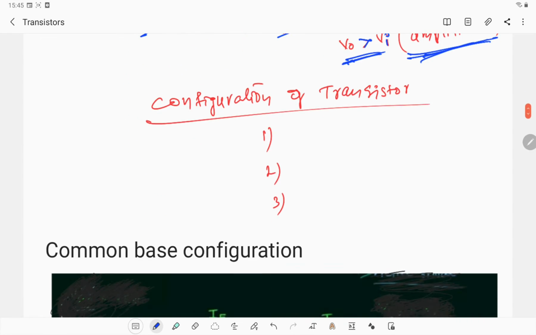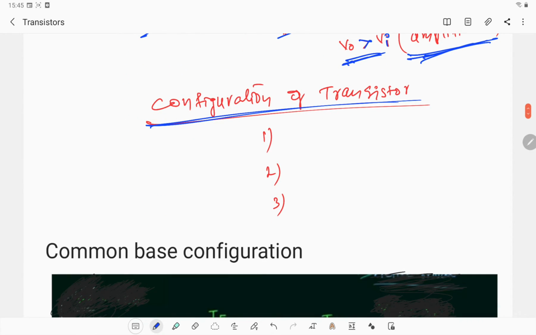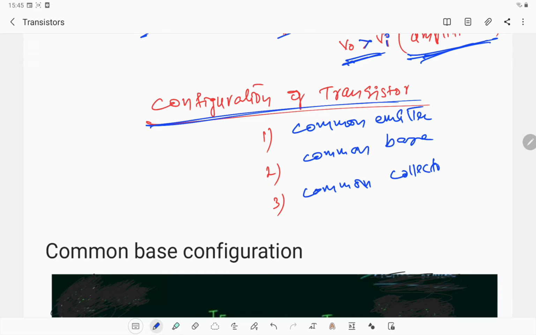Next, the configuration of transistors: the transistor can be connected in three different modes. One is common emitter configuration, common base configuration, and common collector configuration.